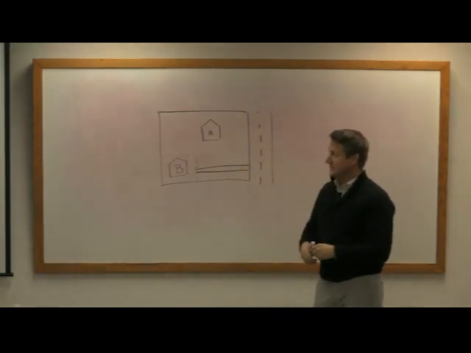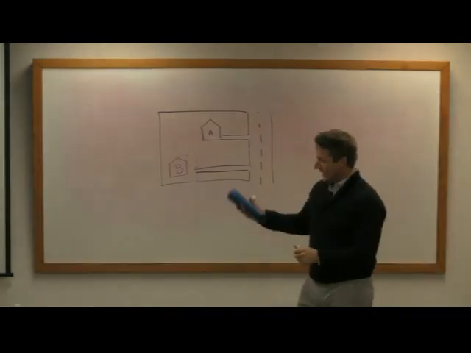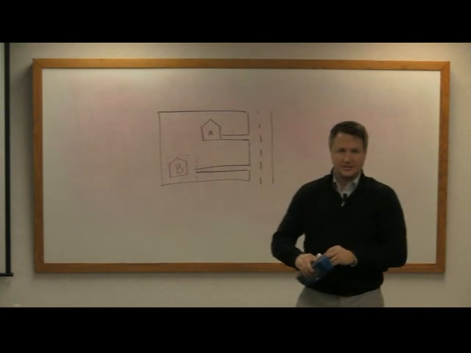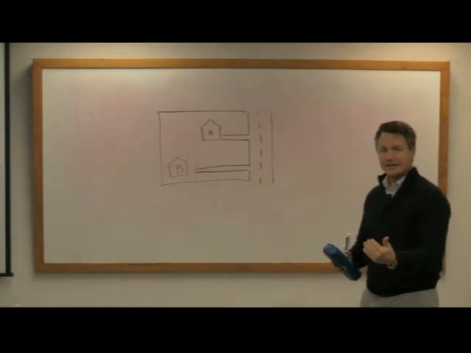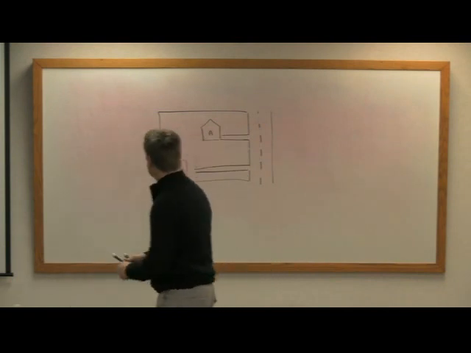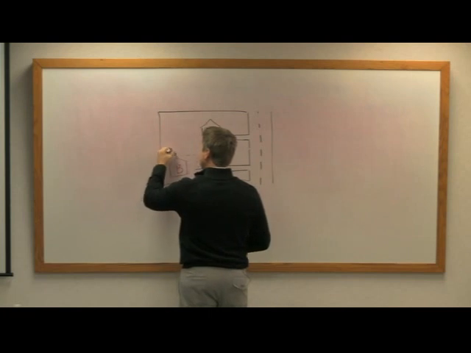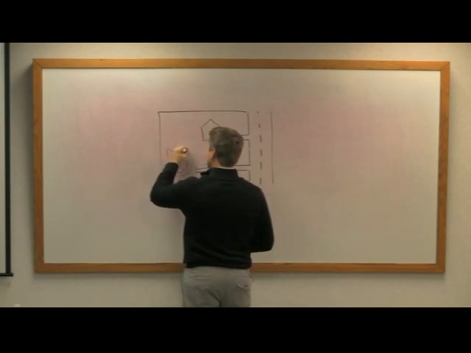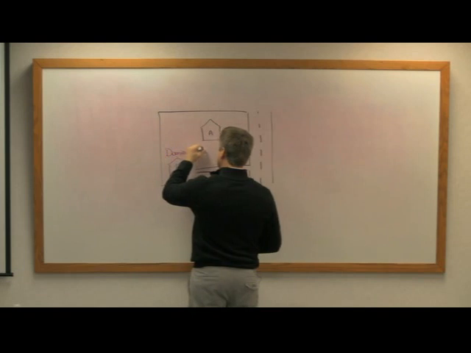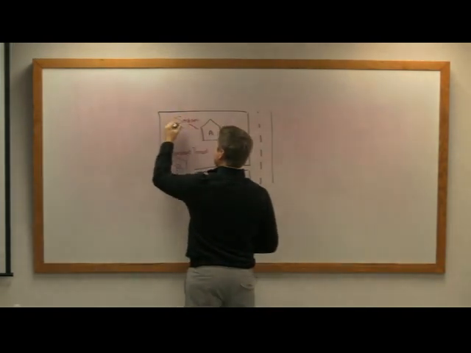And this easement is on A's land. So A grants B this easement so B can access the road, and so they're no longer landlocked. B, in this case, is going to be considered the dominant tenant, and A is the servient tenant.